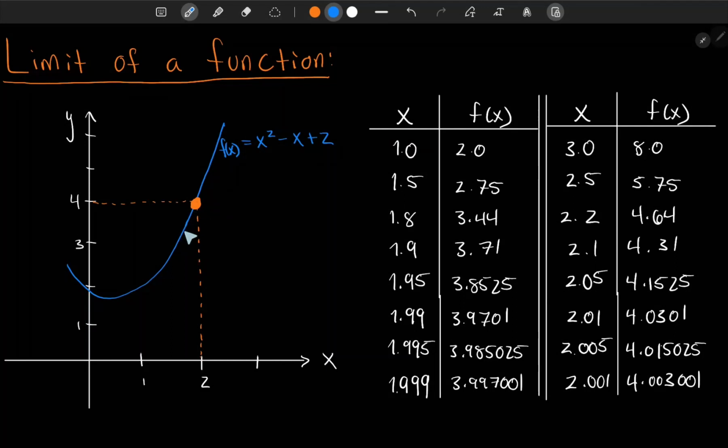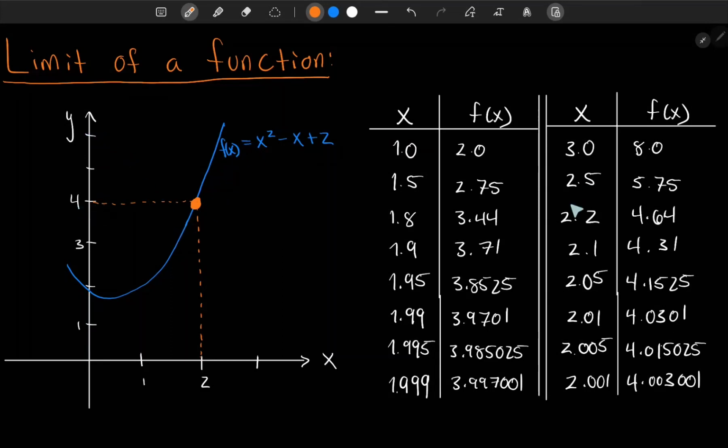And intuitively, if you look at this plot, you could imagine that the f value is going to get very close to 4, no matter what direction we approach from, whether it be x being greater than 2 or x being less than 2. No matter what we do, if we take x values getting closer and closer to 2, we should get an f value, or a y value, of 4.